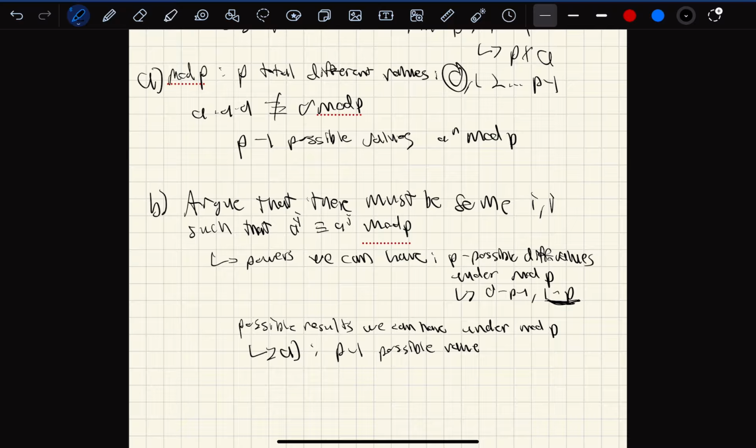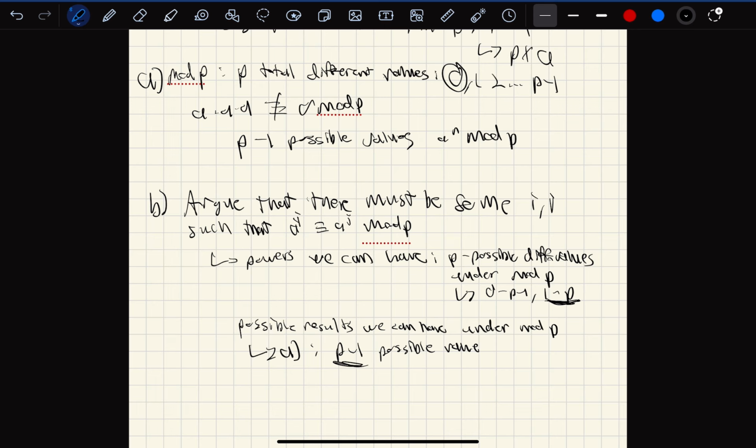If we have p possible powers and p minus 1 possible results, there's got to be some result that is the same for two different powers. And that's what we have here with a to the i being congruent with a to the j mod p. That's exactly what we're saying.